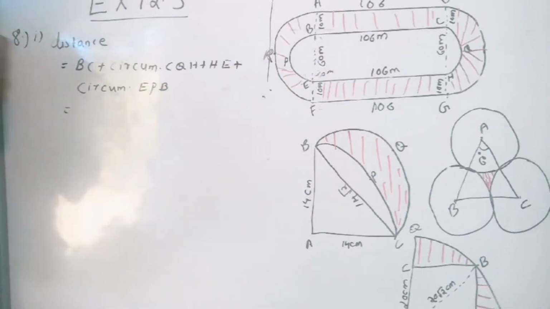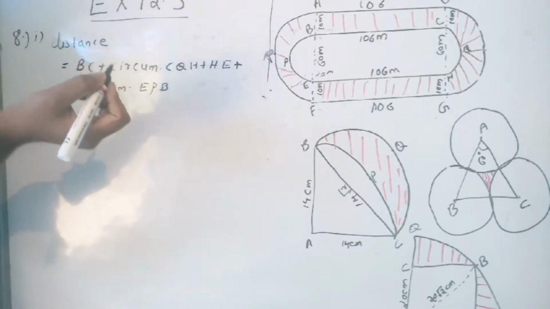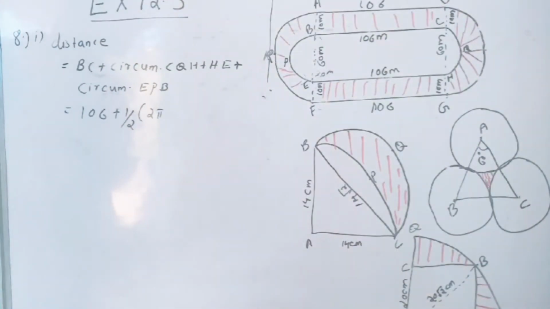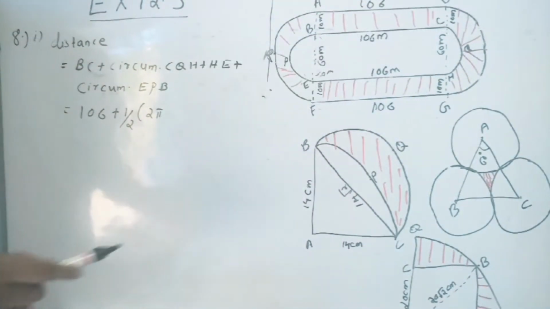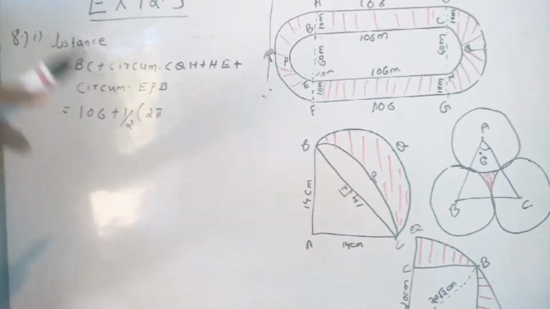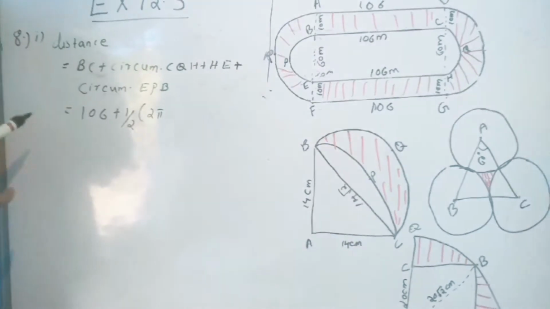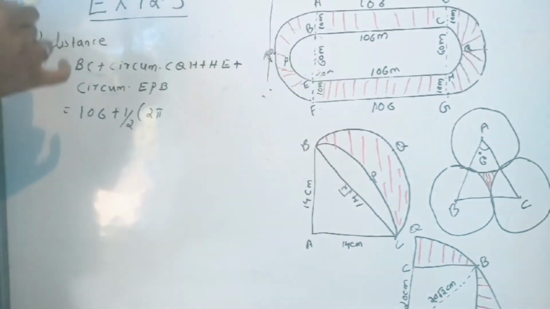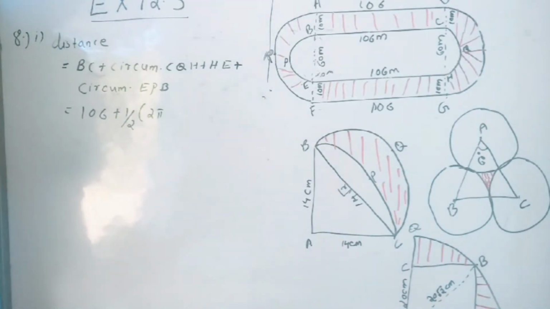This is equal to BC, whose length is given in the question, that is 106, plus the circumference of the semicircle, half into 2 pi r, that is our formula. Then what is the radius of that circle? For the inner edge circular end, the radius: the distance between the inner parallel lines is 60 meter, so CH is 60 meter, and BE is also 60 meter.